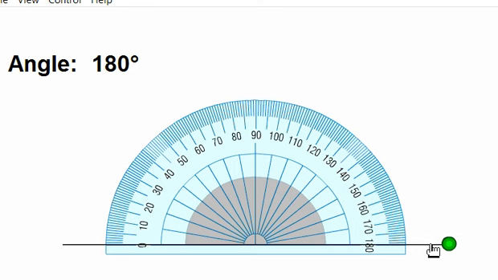When we are in a straight line at 180 degrees, we call this line a straight angle as well.